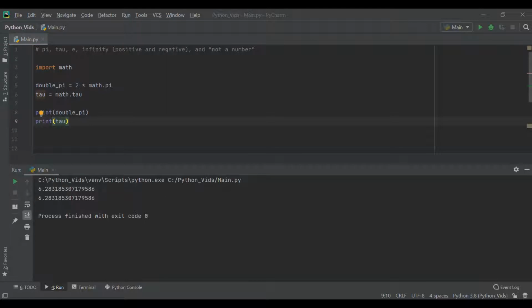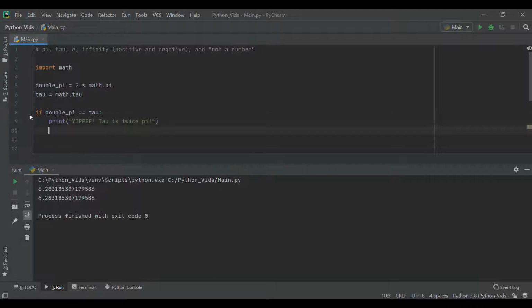Another thing we can do is make a little if statement. Let's do if double_pi is equal to tau. Okay, then what do you want to happen if double_pi is equal to tau? Let's have it print, "Yippee, tau is twice pi."